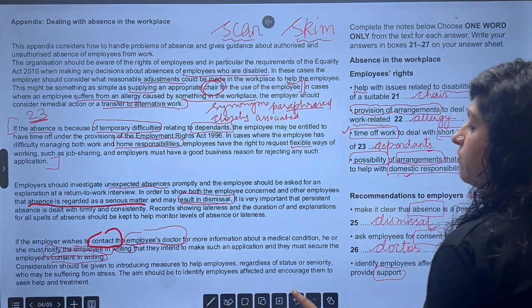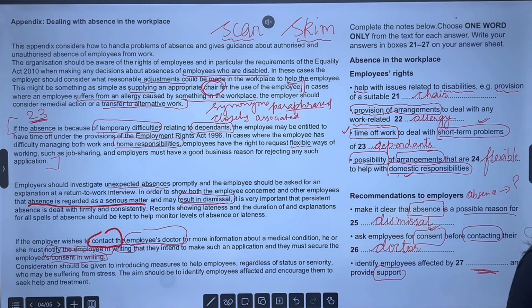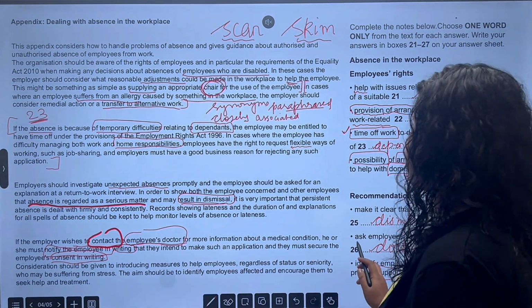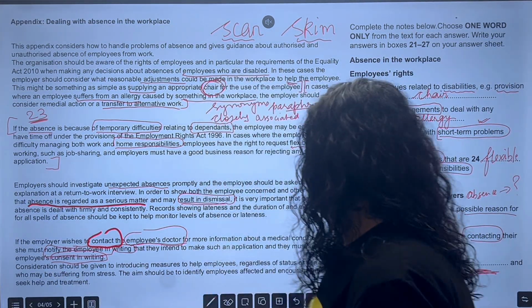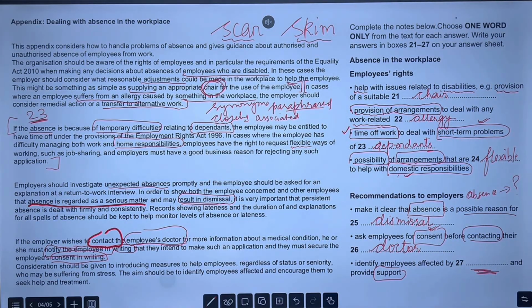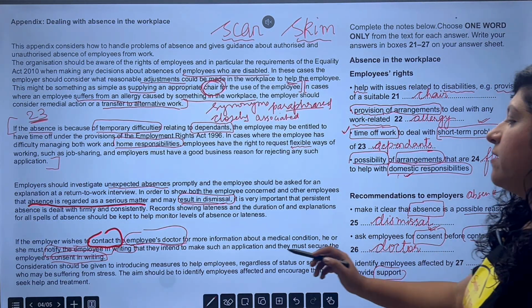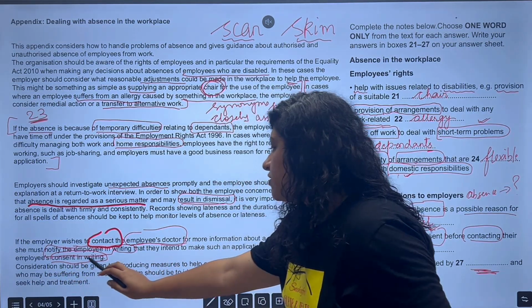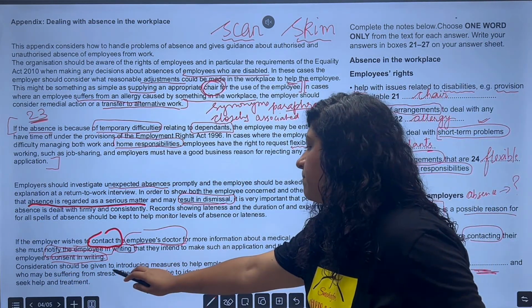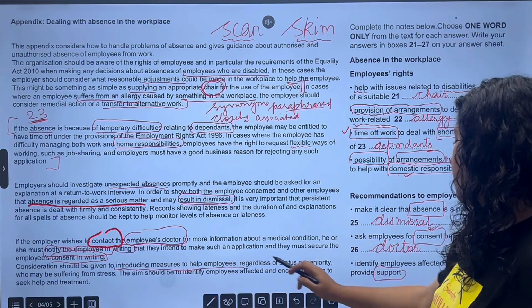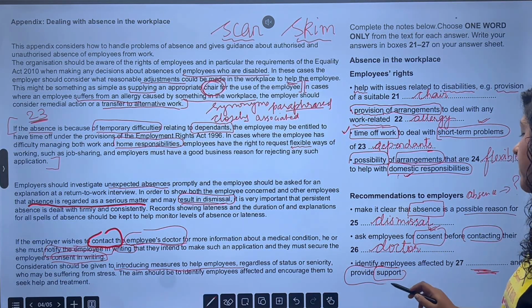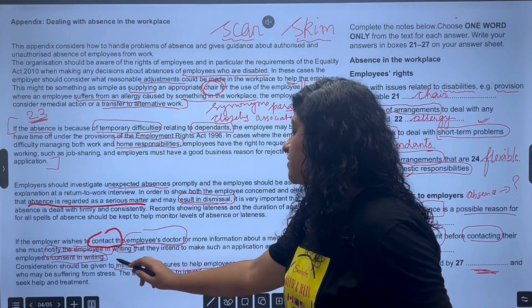Consideration should be given to introducing measures to help employees, regardless of status or seniority, who may be suffering from stress. So consideration should be given to introducing measures to help employees, provide support. These are my keywords, they mean one and the same thing.